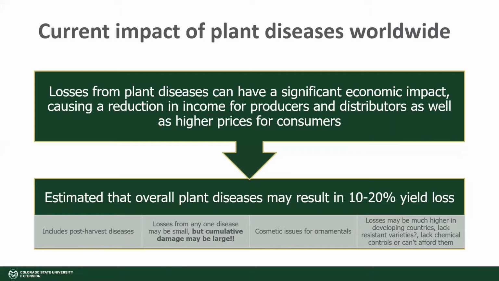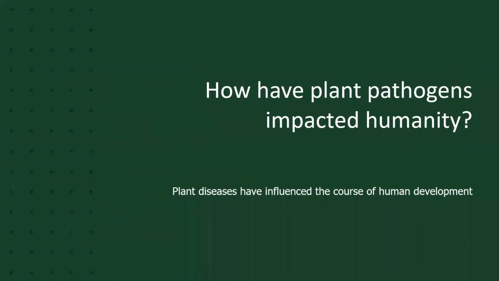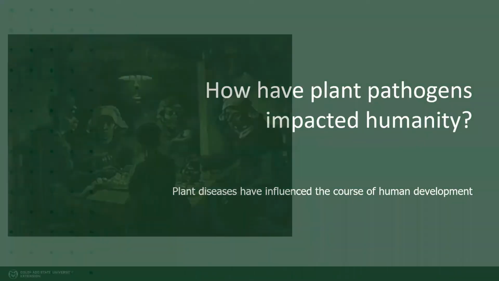If you are not convinced yet that plant diseases are important and why we are studying them, I'm going to give you an example of how plant pathogens have impacted humanity. The reality is that plant diseases have always influenced the course of human development, because as you might know, we have used plants since the beginning of time.